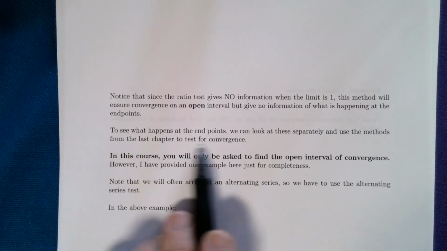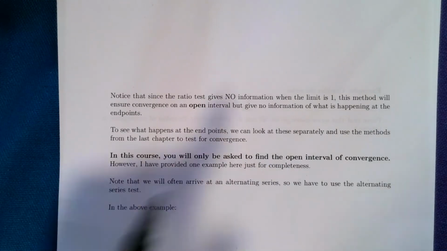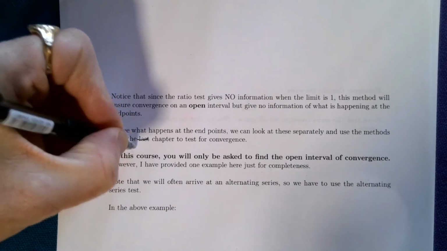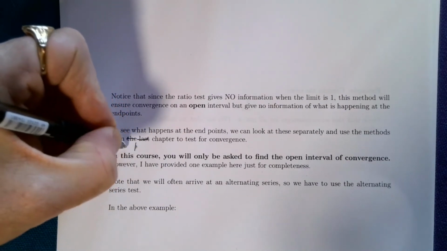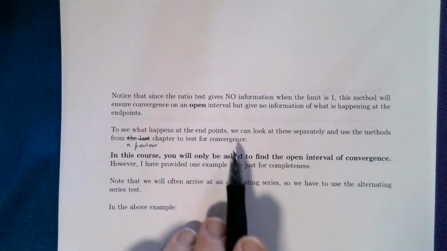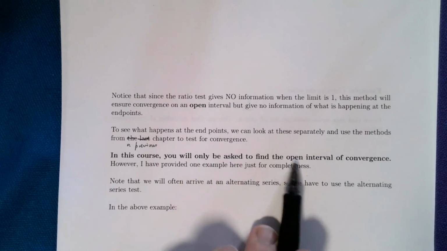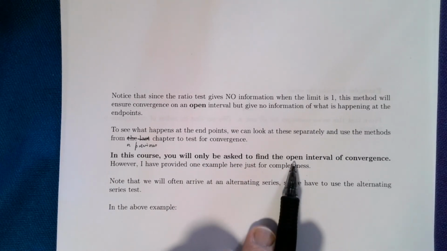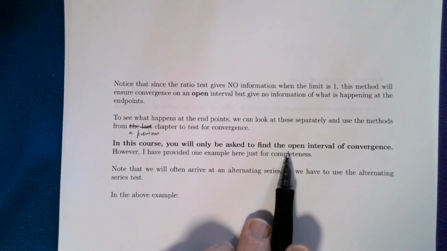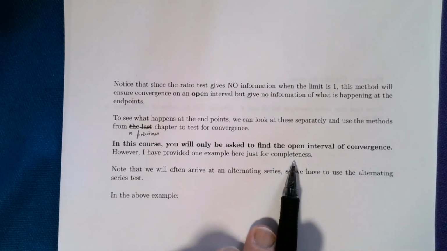Now, to see what's happening at the endpoints, we have to look separately at these and use the method from, well, not the last, perhaps from a previous chapter, to test for convergence. Now, in this course, we're only going to be interested in the open interval convergence. I've just included one example here to show you what happens just for completeness, but I'm not going to expect you to be able to do this.